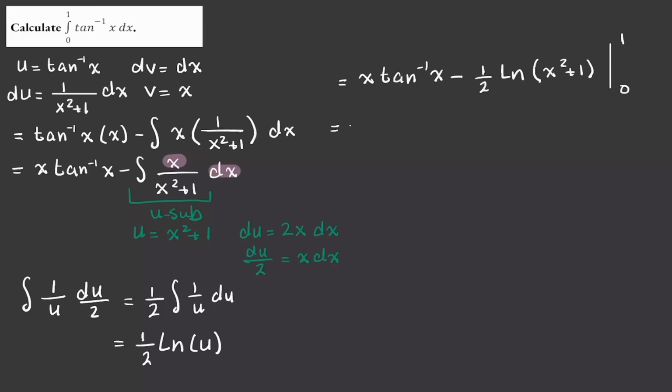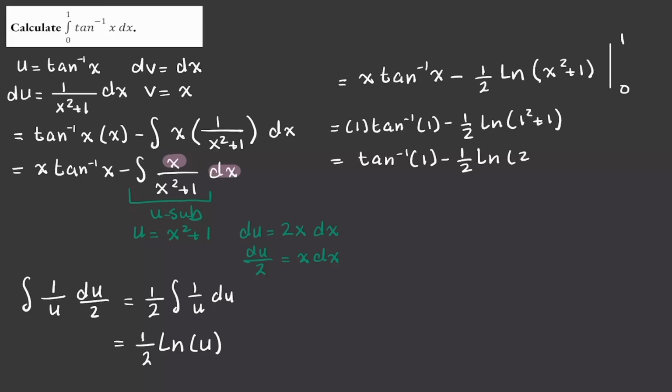So here we would have 1 times tan inverse of 1 minus 1/2 ln of 1 squared plus 1. So this will give me tan inverse of 1 minus 1/2 ln of 2. Now I'm going to do the same thing, but I'm going to input 0 for every x.